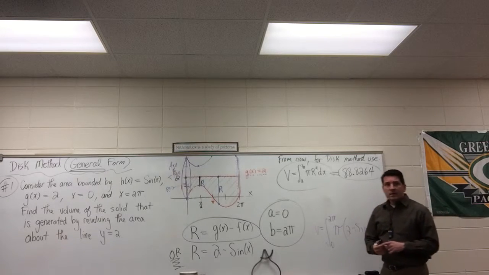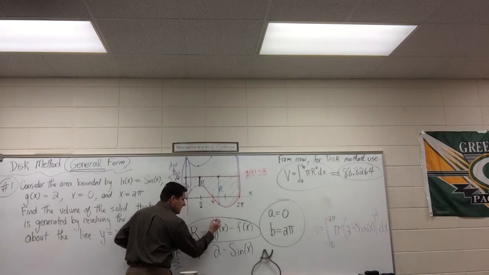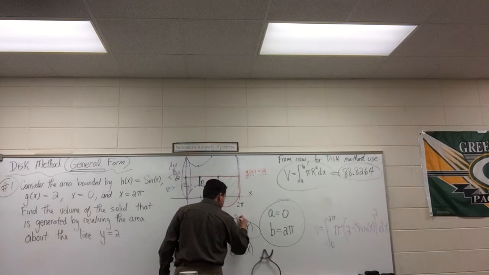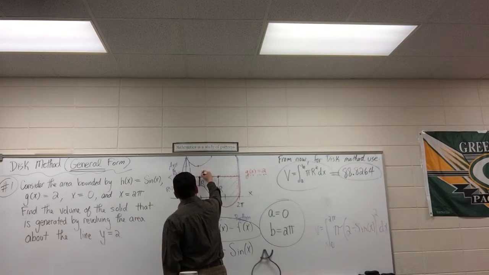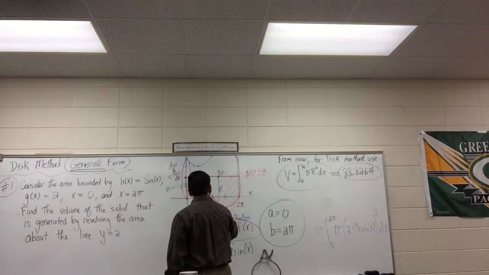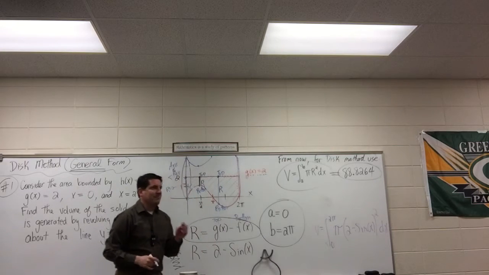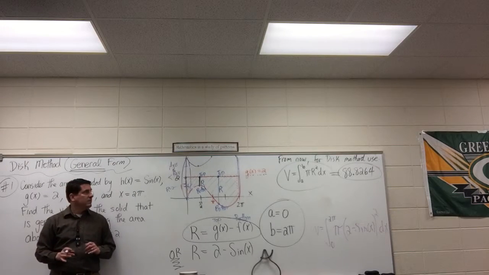Okay? The key is that this part right here is the top function, and this one is the bottom function, meaning top, bottom. It's the top minus the bottom of the real graph.